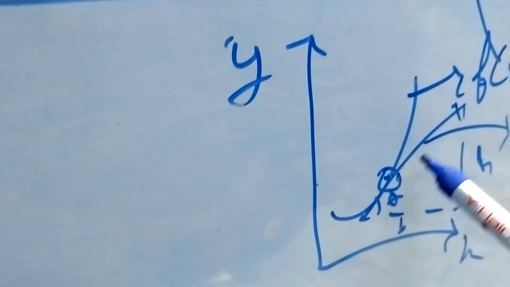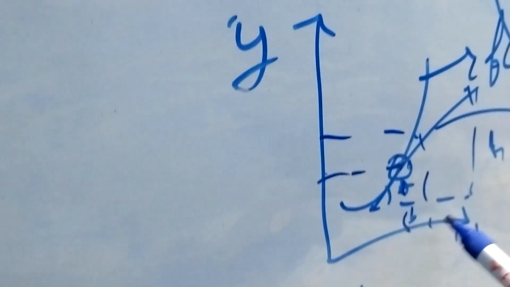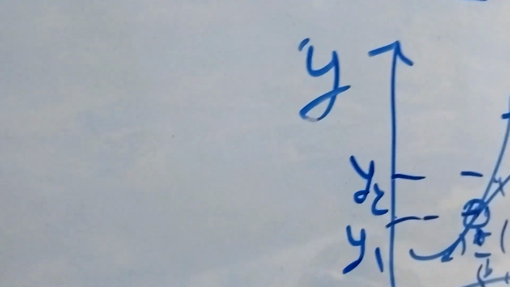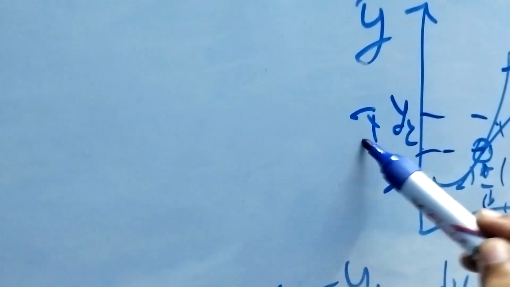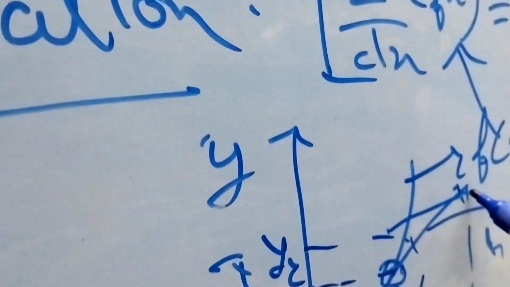So this is y2, this is y1, this is x1, this is x2, right? So this basic change and this basic change introduce this one.